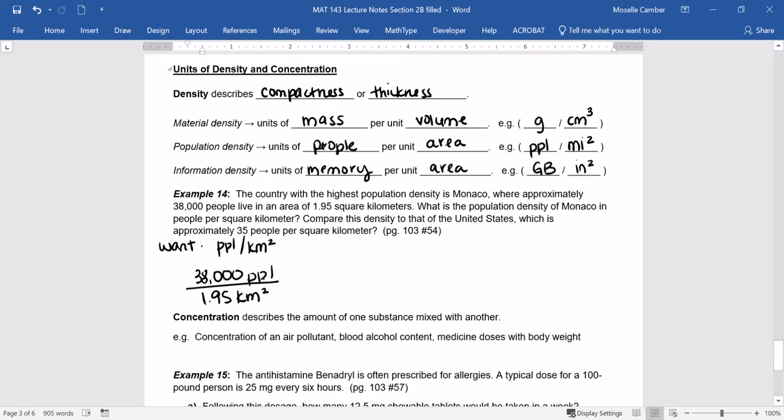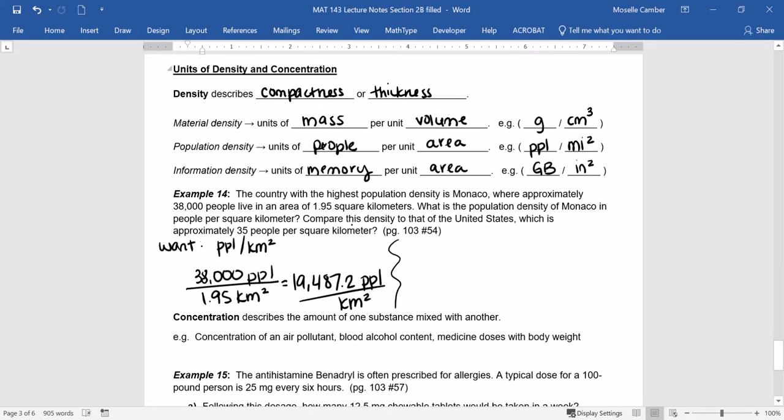These are describing the same area, so I can put them together as a fraction, and that's actually the units I want, people per square kilometer. So I go ahead and do that division, and I get 19,487.2 people per square kilometer. So that's the answer to the first question.